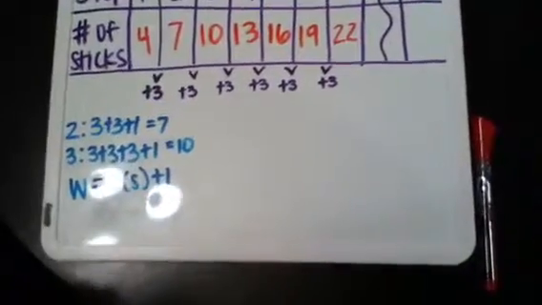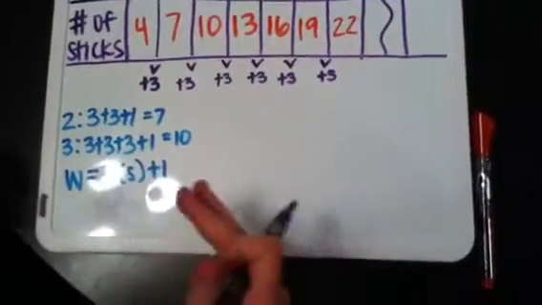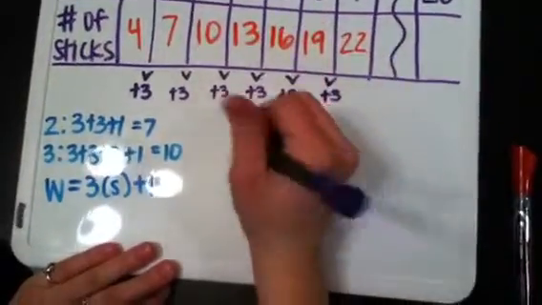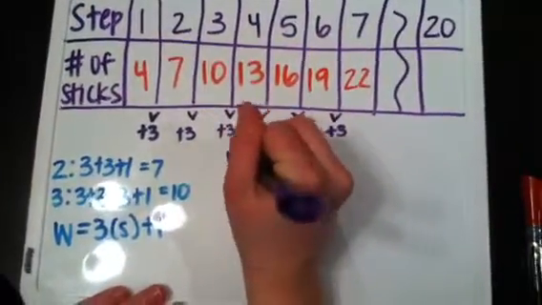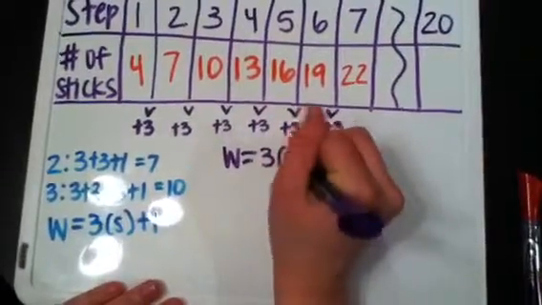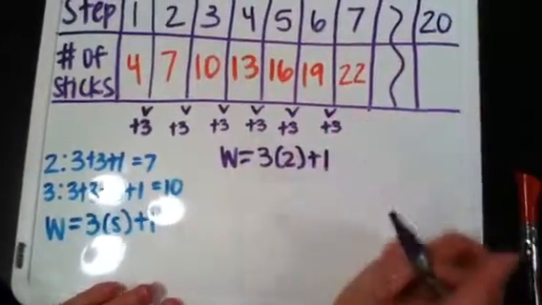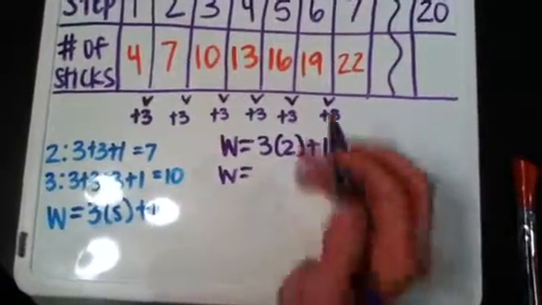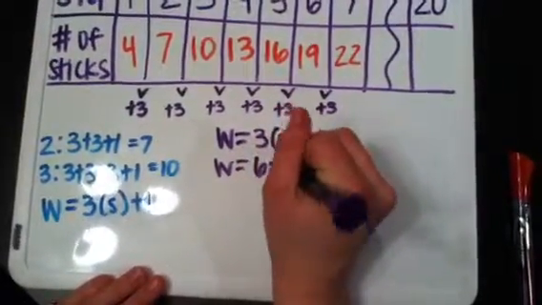So let's test it to make sure that our rule checks out. Let's use 2 for an example. We have W equals 3 times 2 plus 1. We know that 3 times 2 is 6, plus 1 is 7.